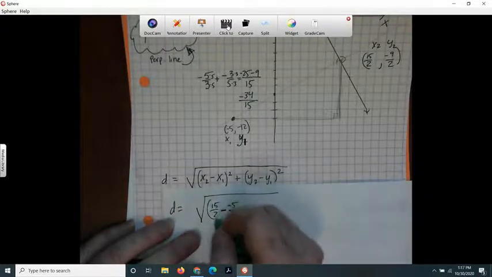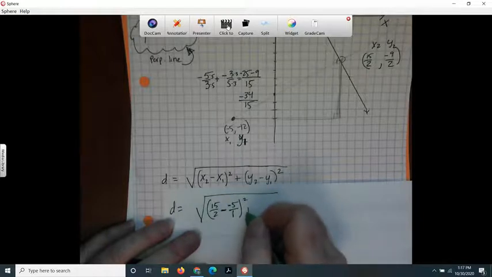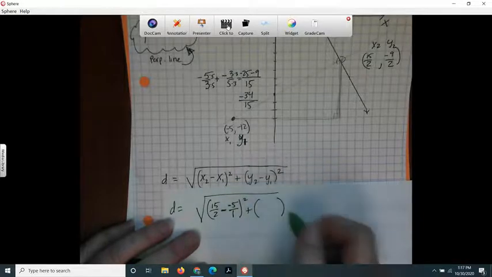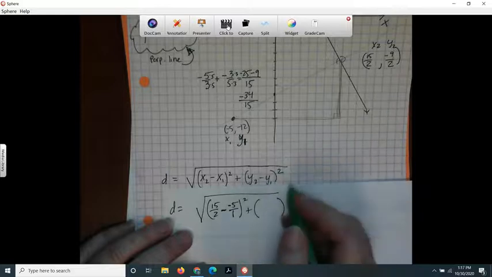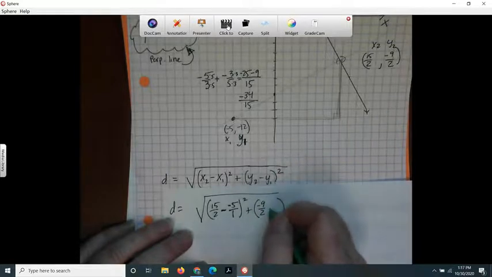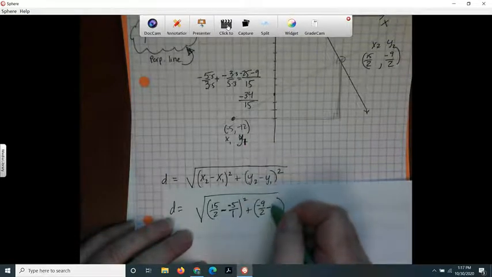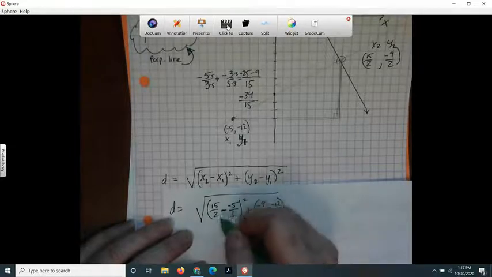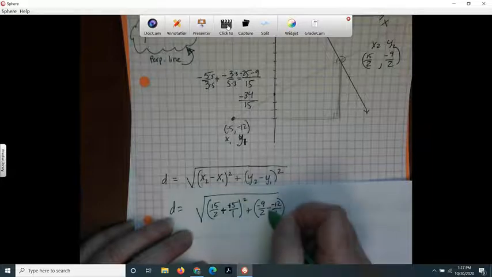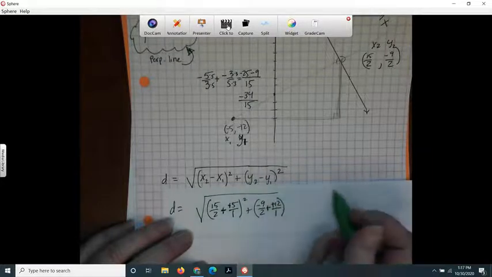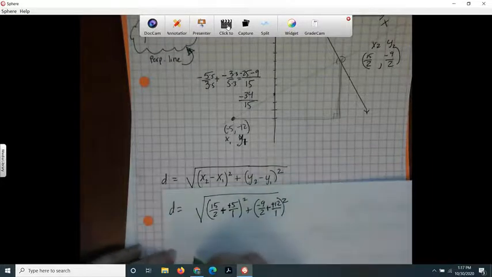And then what's my y? y2. y1. So these are really like plussing because when you minus a negative. Okay, so this is a little bit of a mess.